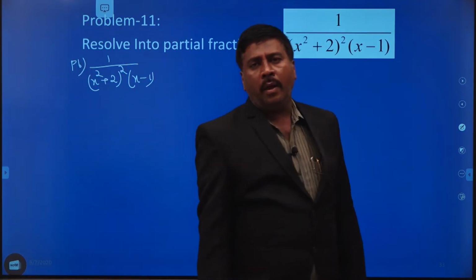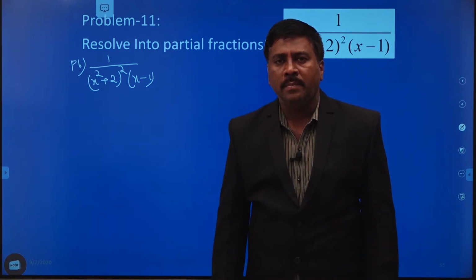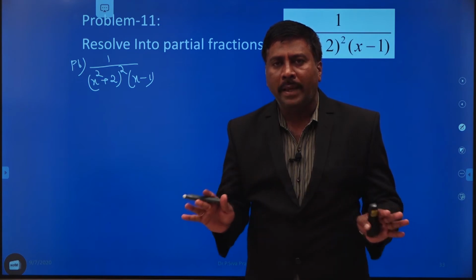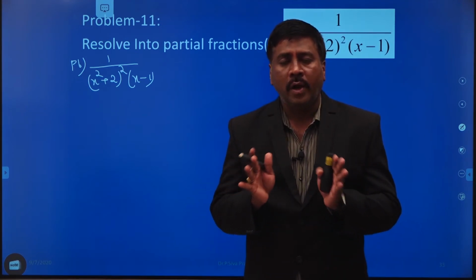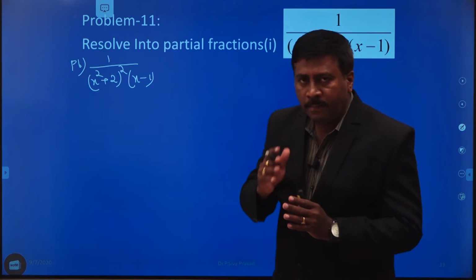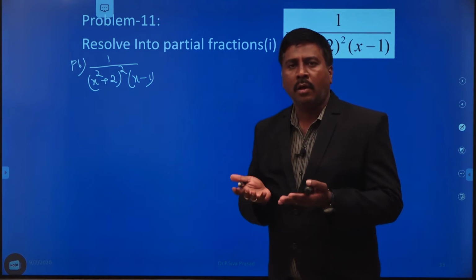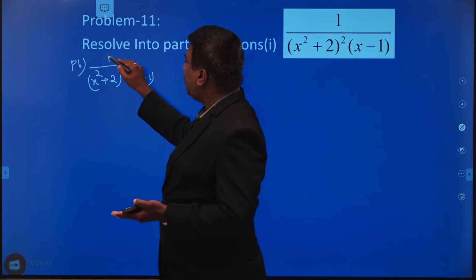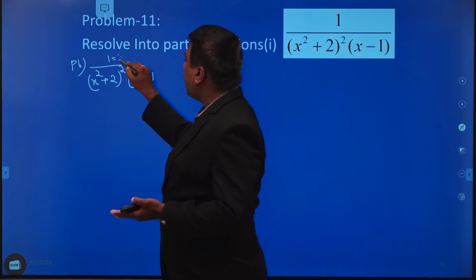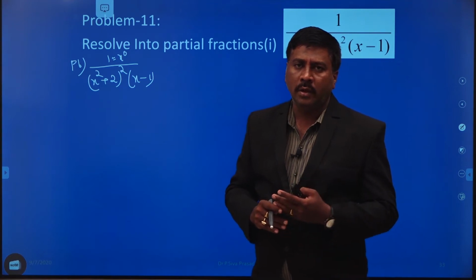Before doing the problem, whatever technique you followed in the previous problems, you have to check whether the problem is applicable for resolving into partial fractions or not. How do you check? By simply using common sense, whether it is a proper fraction or not. In the numerator, I write this 1 as x power 0. Anything power 0 is 1, that we already know.